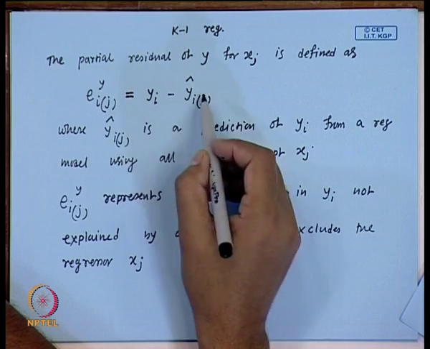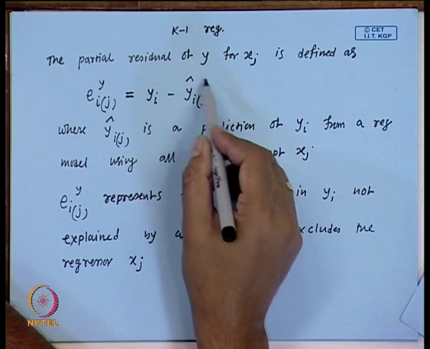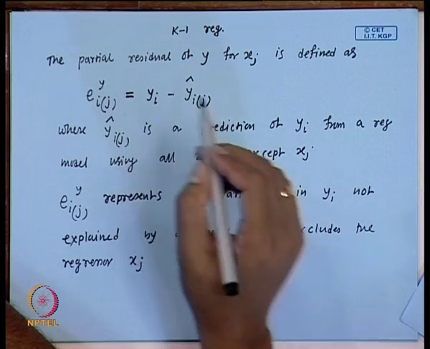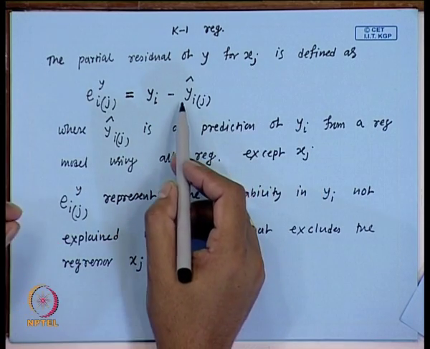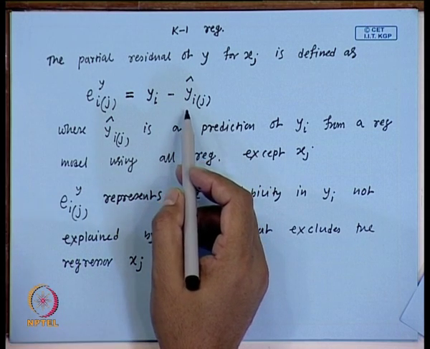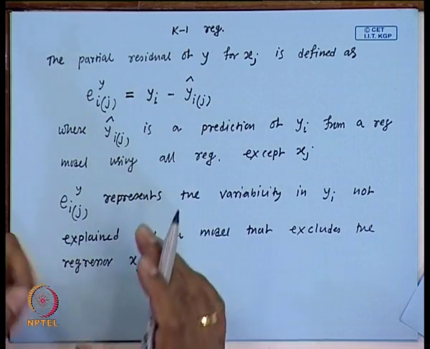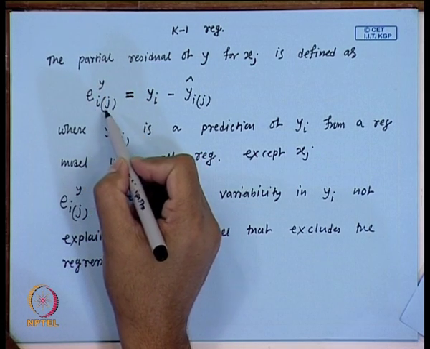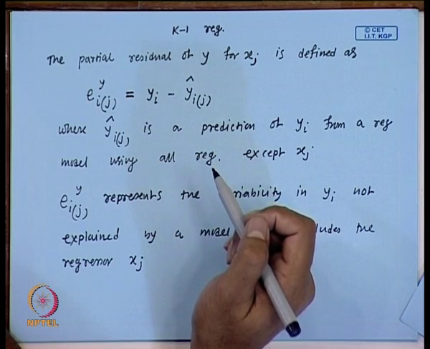We want to see how much of this unexplained variability can be explained by xj alone. The residual e_ij^y is the part of variability in y not explained by all the regressors except xj.